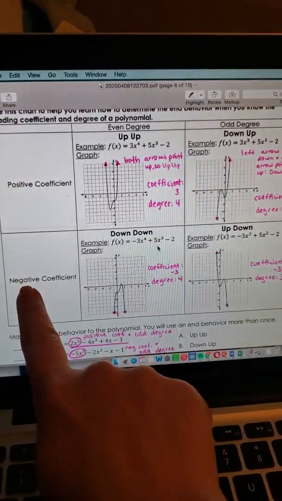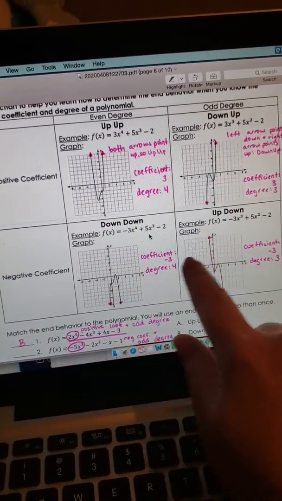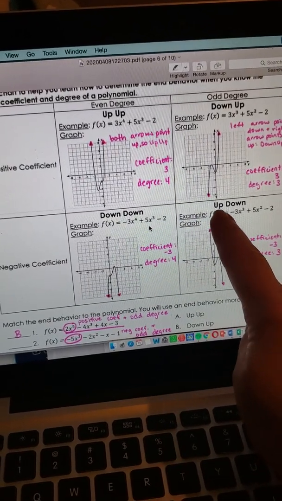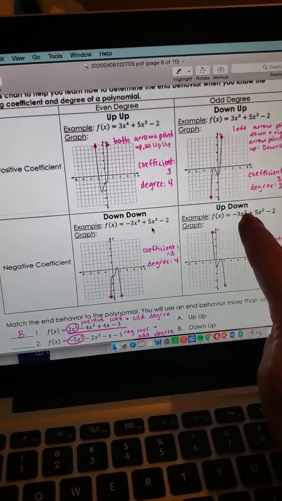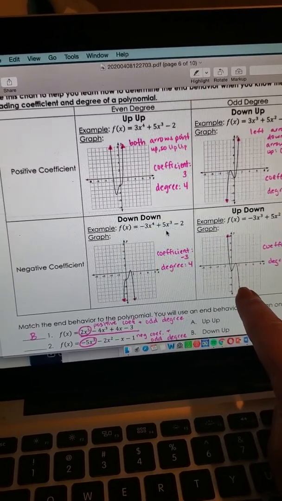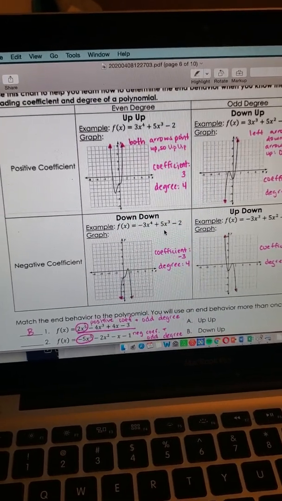So I'm going to come over here, looking for negative coefficient and odd degree. Where they meet is going to tell me my end behavior. So that is up, down. On the left side, the arrow is pointing up, and then on the right side, the arrow is pointing down. That's why it's called up, down.